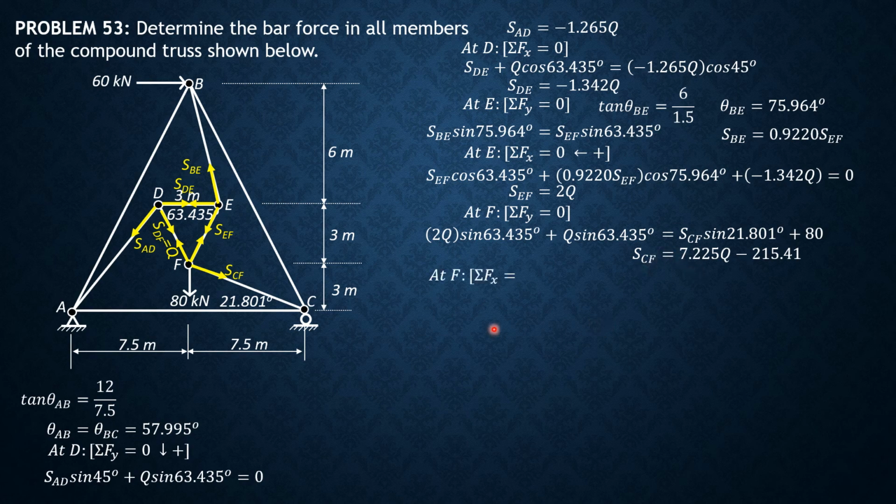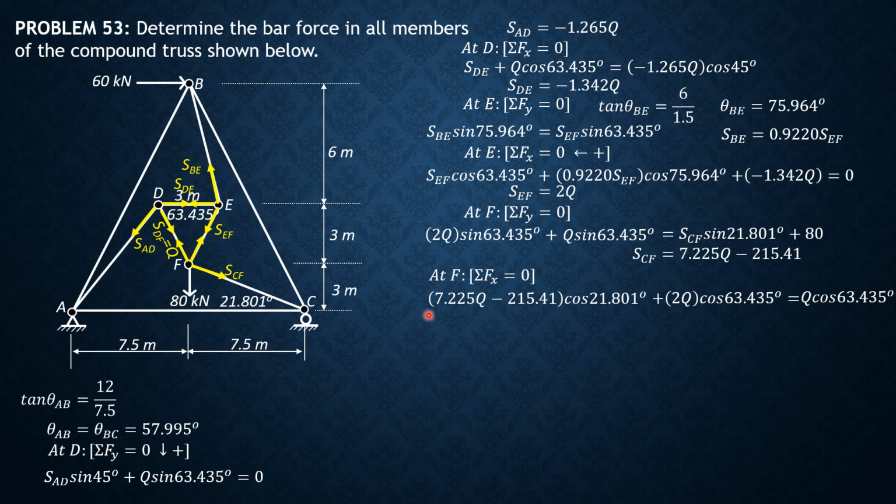Then summation forces X equals 0. So we have SCF, quantity 7.225 Q minus 215.41, cosine of 21.801, plus SEF, which is 2Q cosine 63.45 degrees, equals SDF, which is Q cosine of 63.435 degrees.